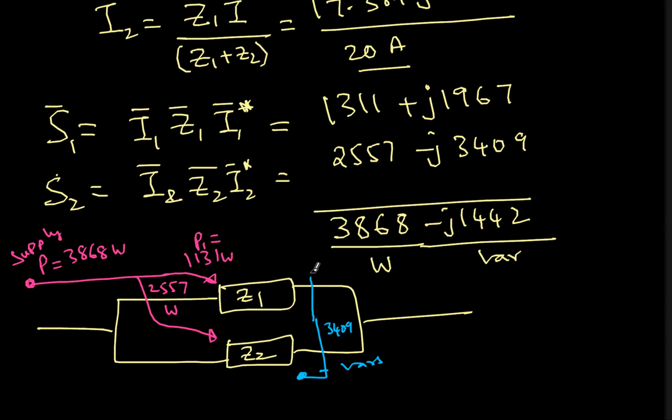Out of that, some reactive power is consumed here, 1967, which is Q1. And the remaining reactive power is going back to the supply. That is Q equal to 1442. The fact that this is minus J implies that the supply is getting the reactive power of 1442.